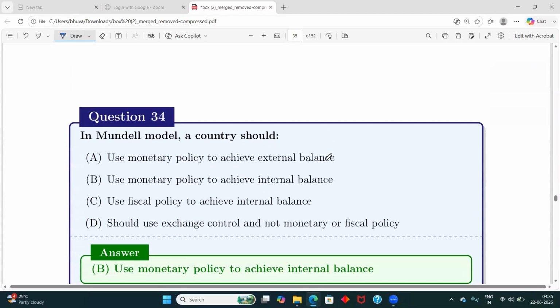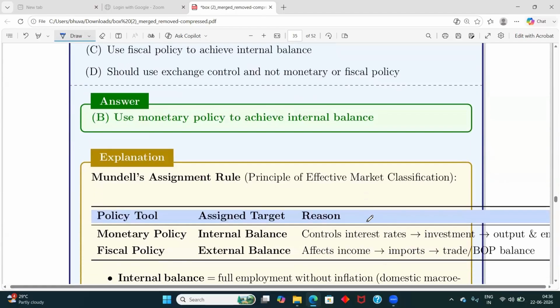Question number 34. In Mundell model, a country should use monetary policy to achieve external balance, use monetary policy to achieve internal balance, use fiscal policy to achieve internal balance, should use exchange control and not monetary or fiscal policy. Let's see the Mundell assignment rule.